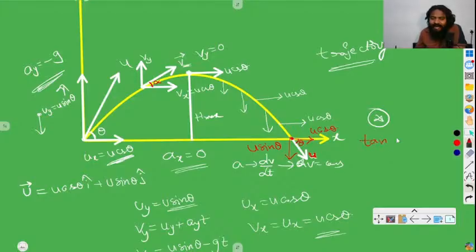So tan alpha is equal to opposite by adjacent, that is vy by vx. Then alpha is equal to tan inverse of vy by vx. So this alpha gives the direction of the velocity vector. But do remember, while striking the ground, alpha is equal to theta, right? Hope it is clear.